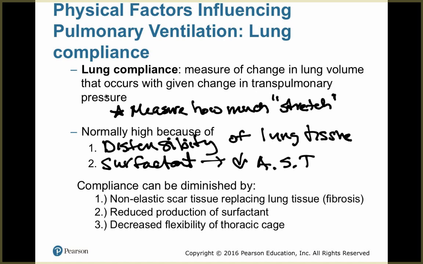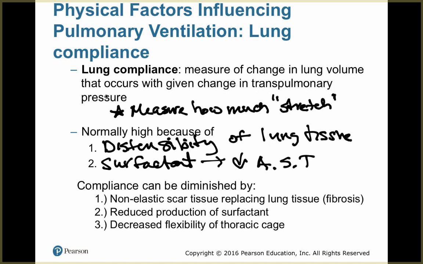So distensibility is just this idea of being able to extend out or dilate or become bigger, right? So that's why you are able to have high lung compliance, because your lung tissue is very elastic. And then because you have those surfactants being released, you kind of disrupt the normal water surface tension there. And so you allow it so that your alveoli do not collapse.